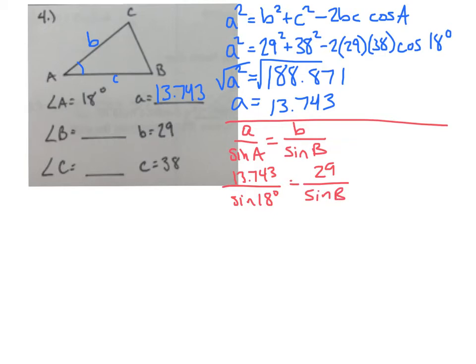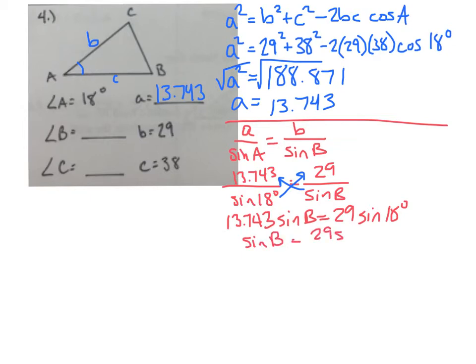So to solve this, cross multiply. And that just came from multiplying them two and them two. Let's get the sine of B alone by dividing.